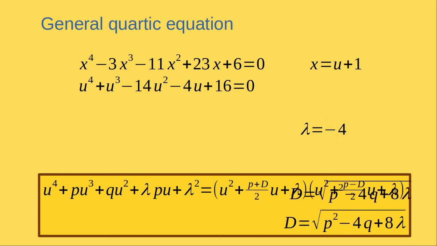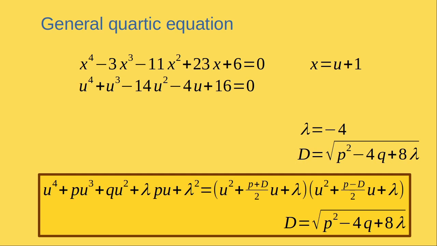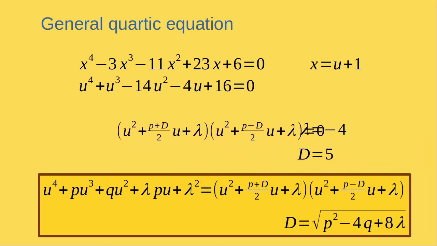And plugging this into the formula for d, we get d equals 5. With these values we obtain a product form of the quartic equation in u.